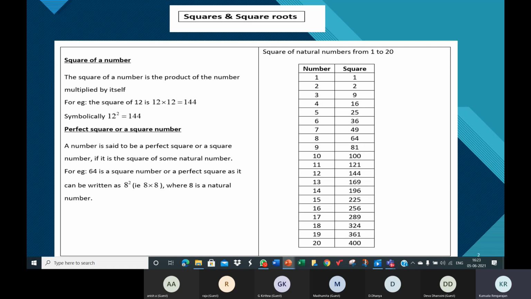The square of no natural number can give you 200. Is 81 a perfect square? Yes, ma'am, 9 squared. So 81 is a perfect square because it can be written as a square of this natural number 9.